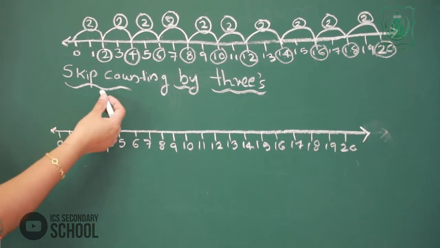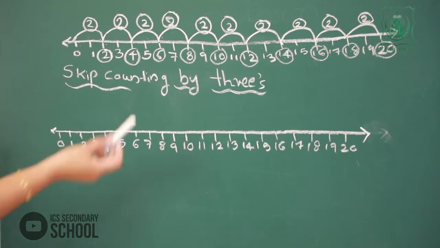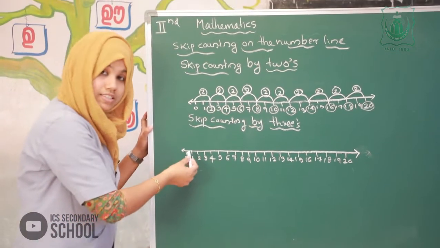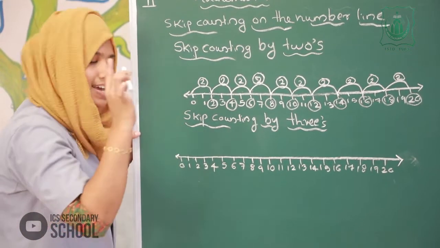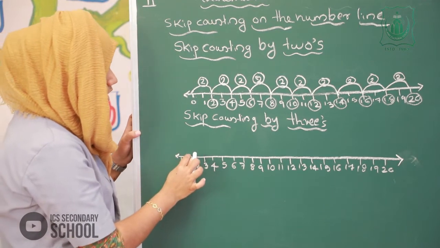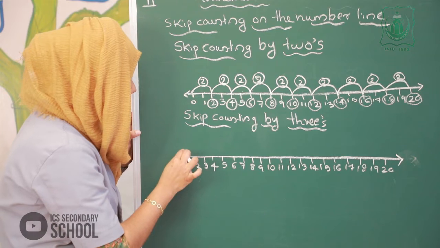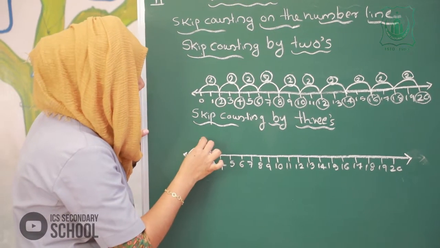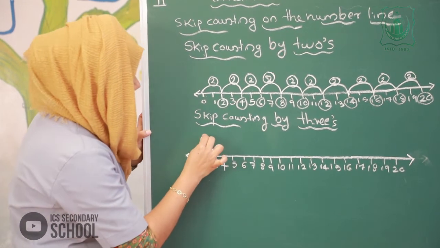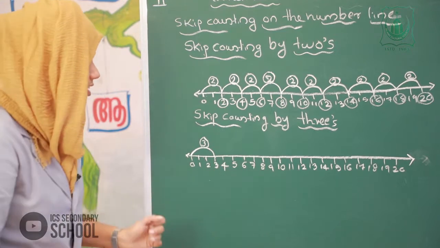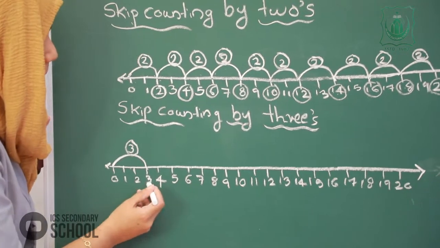So, this is skip counting by 3. How can we skip count by 3's? Yes, simple. Like with 2, we start from the number 0. Count 3: 1, 2, 3. We get the number 3. Next, we start from 3.